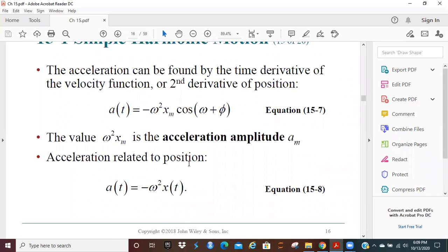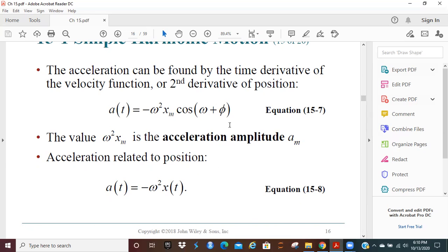The acceleration can be found by taking the time derivative of the velocity function, or the second derivative of the position. So the acceleration is going to end up being minus omega squared x sub m times cosine of omega t plus phi.